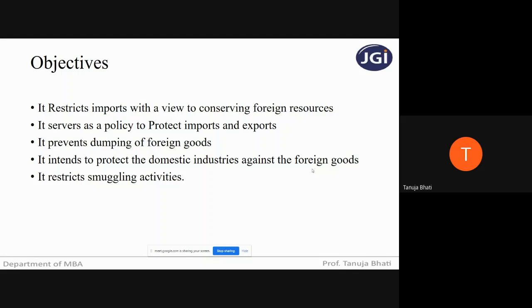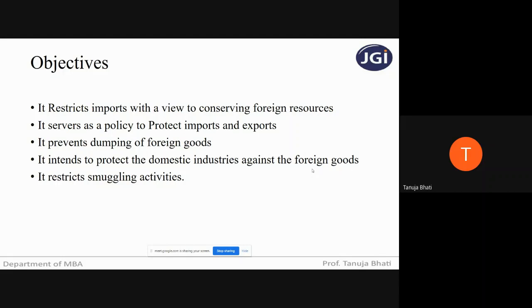Next, it restricts smuggling activities. Earlier, what used to happen, students, lots of gold. Suppose gold is cheaper in a country, suppose Dubai, people used to buy a lot of gold without paying taxes, and they used to get it into India and sell at their own rates. Since they brought it at a cheap rate, they used to sell at their own rates without worrying about the market rates. So, in order to have control on such activities: smuggling is bringing goods without paying taxes, by hiding the goods somewhere and not declaring those goods.